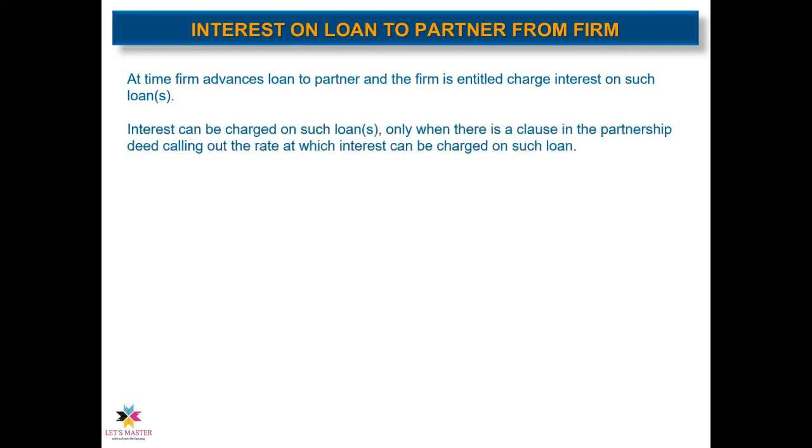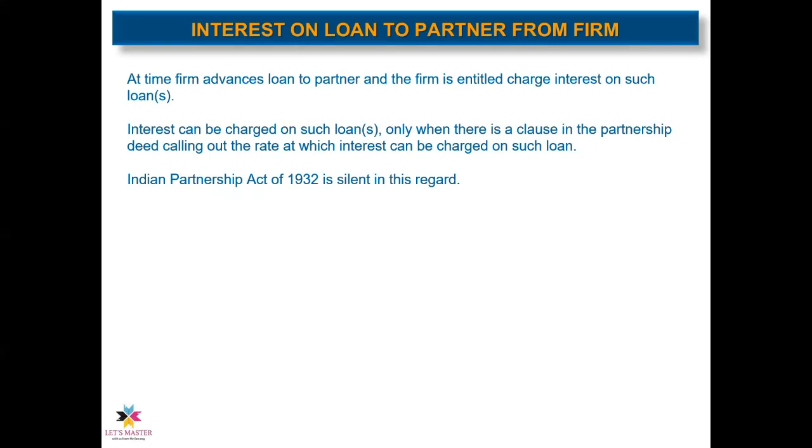And interest can be charged on such loans only when there is a clause in the partnership deed calling out the rate at which interest can be charged on such loan. If the partnership deed is silent about the rate at which the interest needs to be charged on the loan advanced by the partnership firm to the partner, then no interest can be charged.